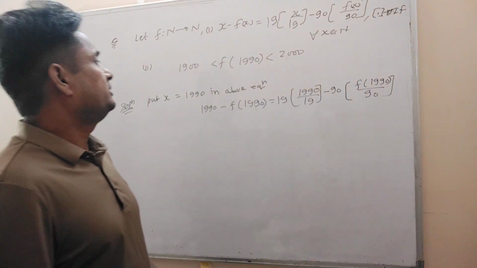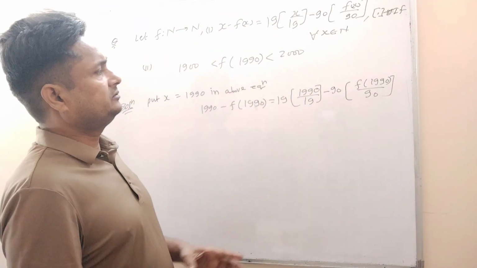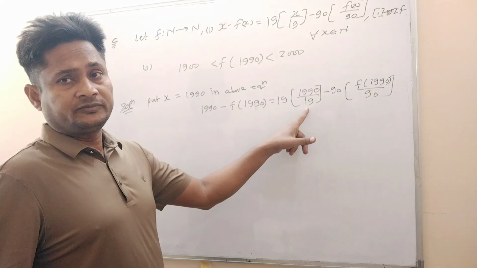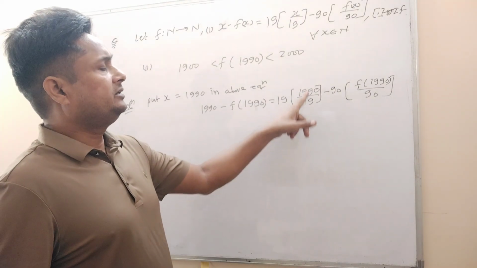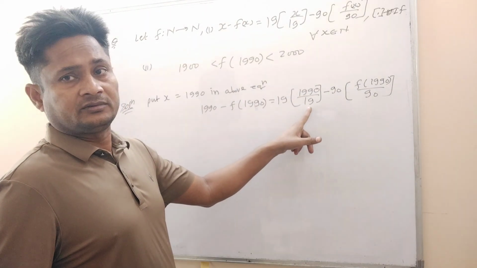Now simplify this value. Here we know the greatest integer of 1990 by 19.